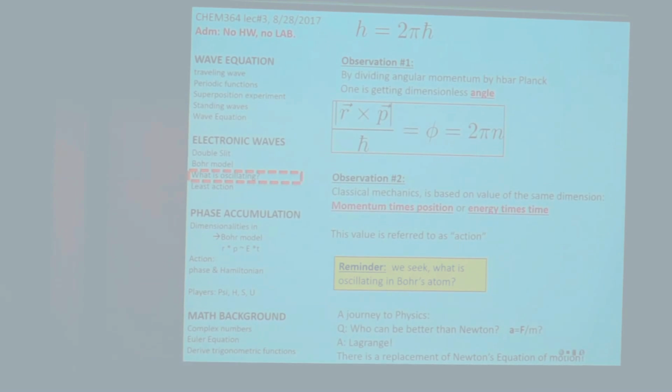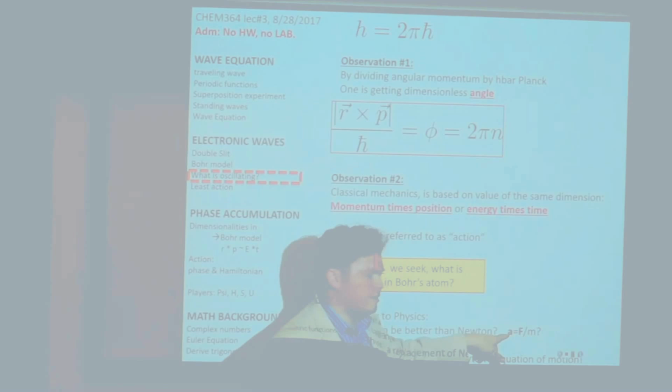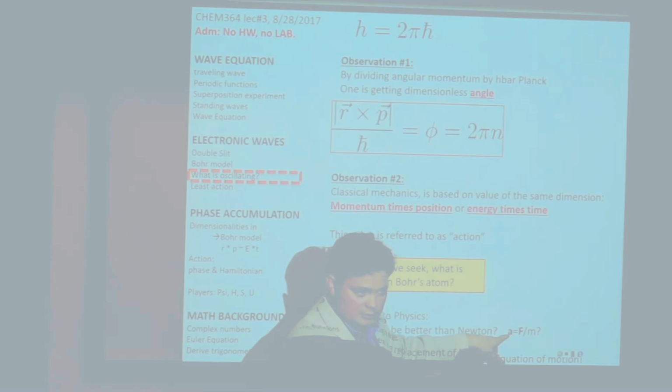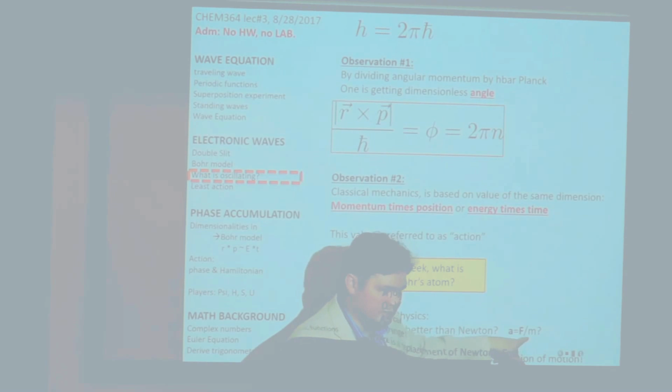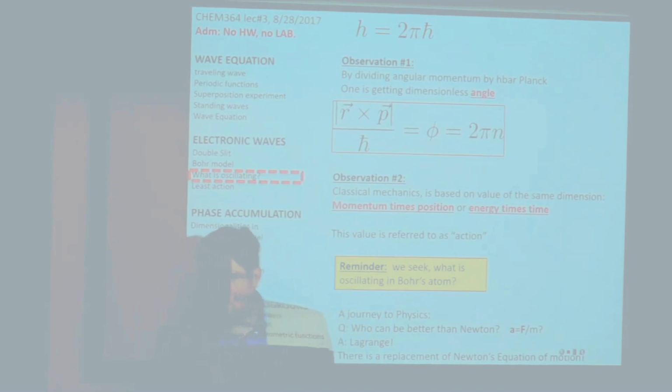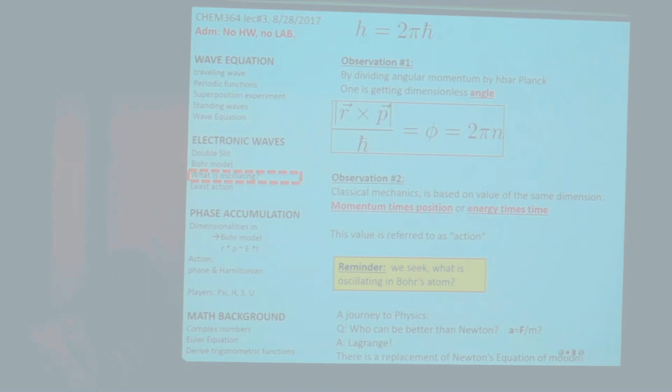So we are looking for an alternative way to get the answer to the main question of mechanics, to find the trajectory of a particle as a function of time. The simplest way is to solve Newton's equation of motion, but there is an alternative way.